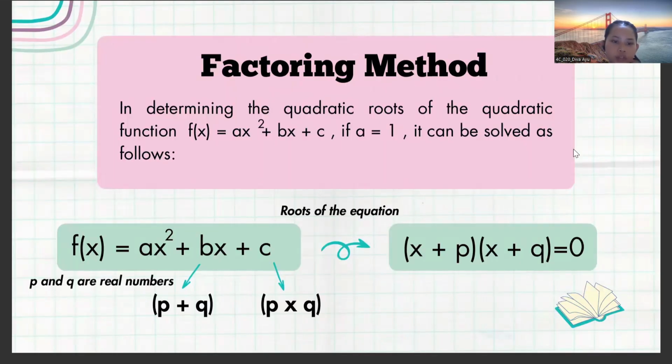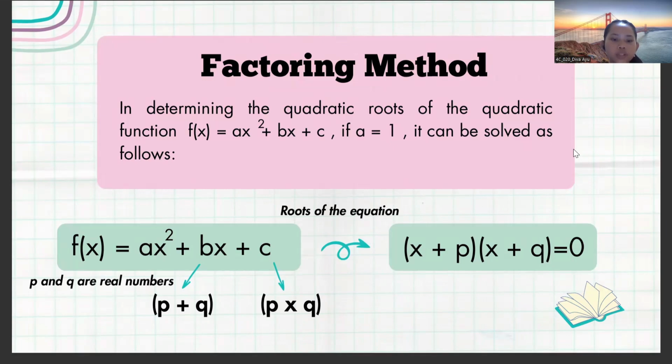Next is factoring method. Now let's discuss one method for finding the root of a quadratic function. This method is called the factoring method. If the coefficient a equals 1, we can factor the quadratic expression into two binomials.